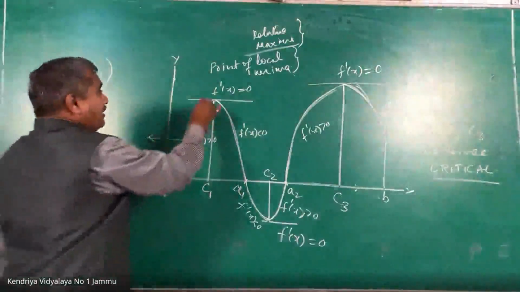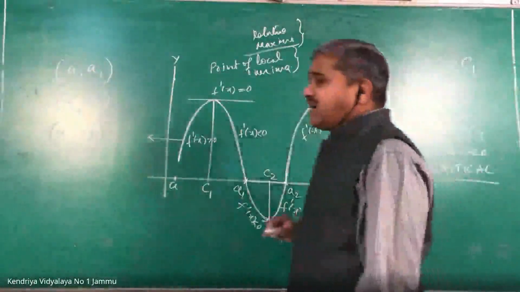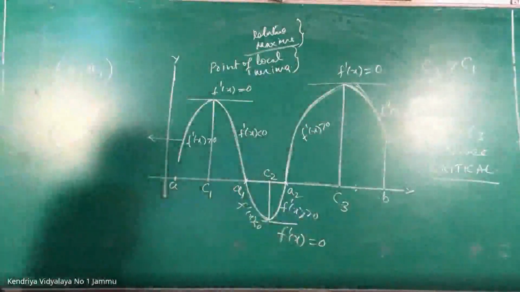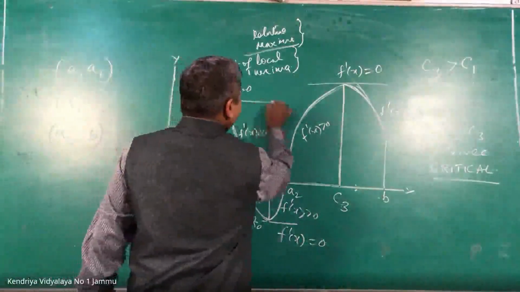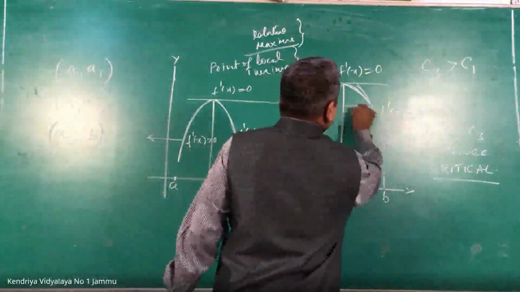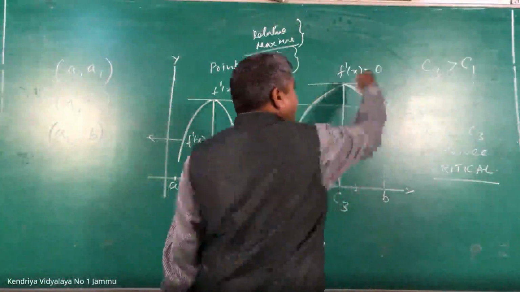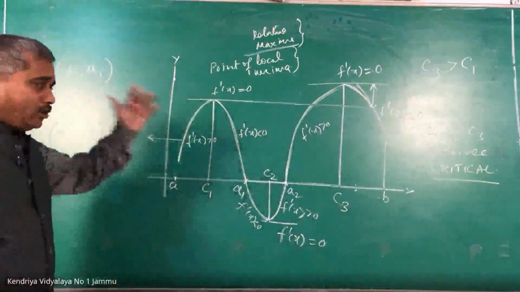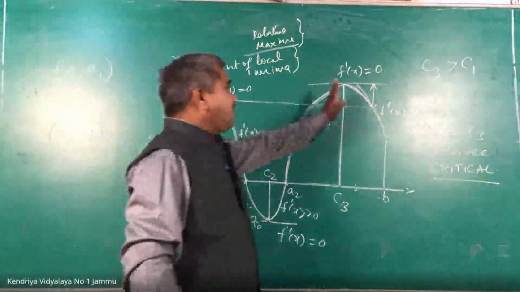If you compare C1 with C3, C3 by value is greater, much higher than C1. If I just extend this line as it is, look here, this line is above this. It means this height is higher. It means, according to my definition, if this is the maxima, this is also maxima.